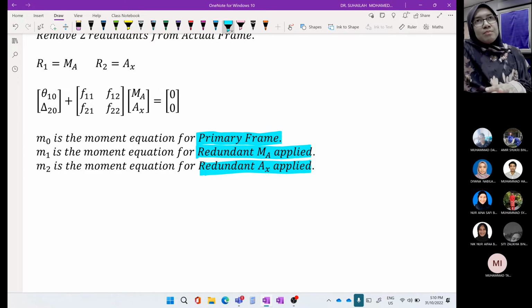We get this from the principle of superposition, the one that we derived in beam last week.